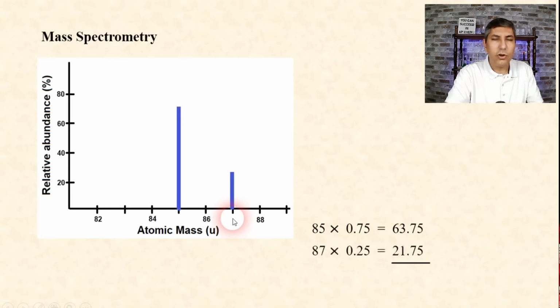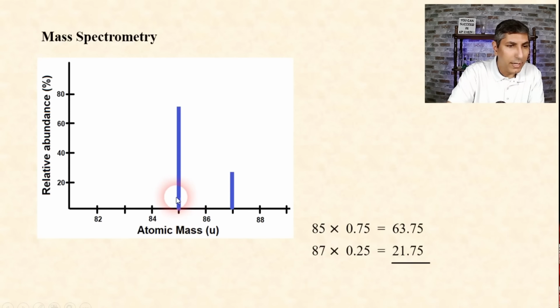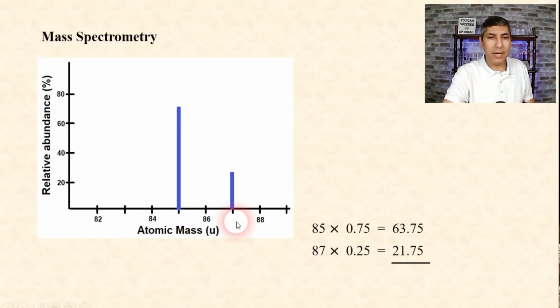Now, each of the heights of those bars represents the percentage abundance. And so in the case of the one that has a mass of 85, its abundance is about 75%, or at least that's what it looks like on this bar graph here. And then the one that has a mass of 87 is about 25%. So if we take those individual atomic masses and multiply them by the decimal equivalents of their percentage abundances, we get these numbers here.